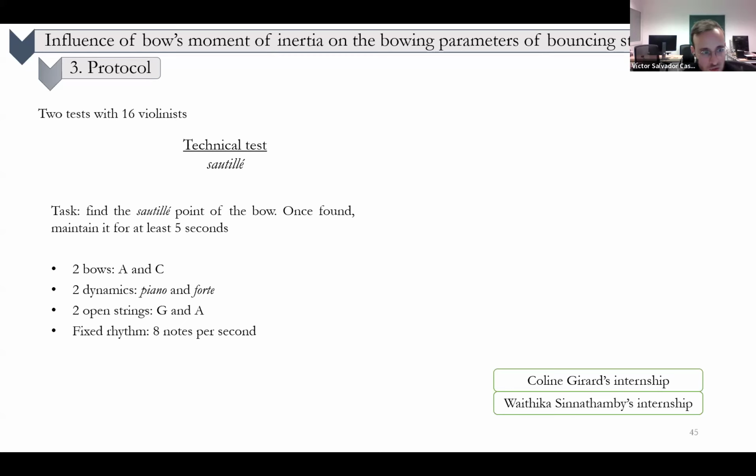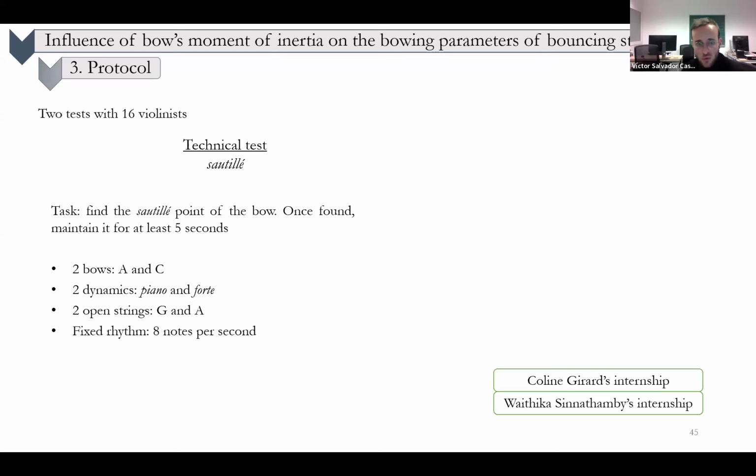So we did this test with two bows with contrasting moments of inertia, in two dynamics, piano and forte, and on two open strings, G and A, at a fixed rhythm with a metronome that we used in this motion capture room.